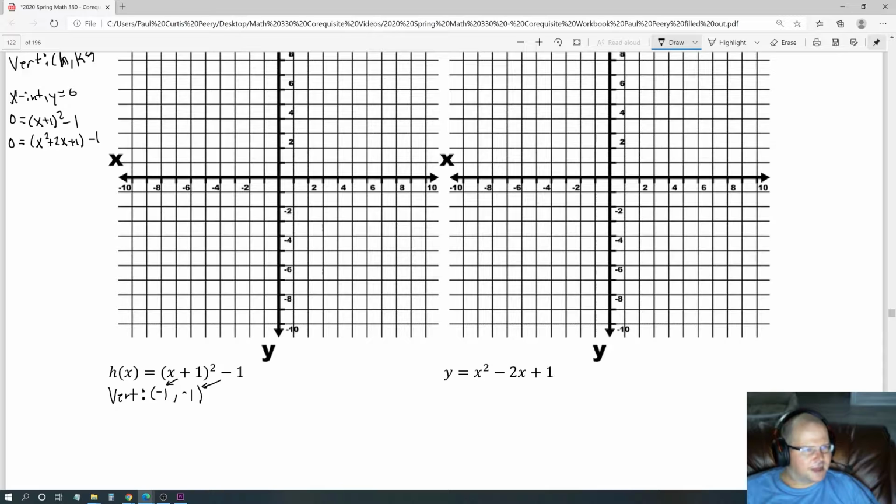All I did is multiply x plus 1 times x plus 1, and then x squared plus 2x plus 1 minus 1 just gives me x squared plus 2x.